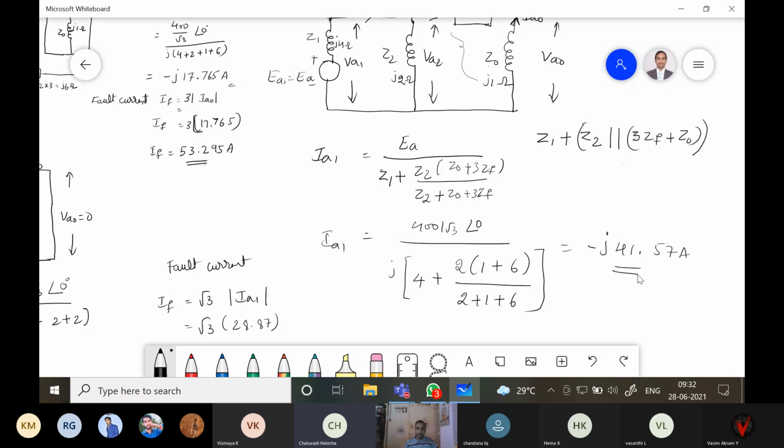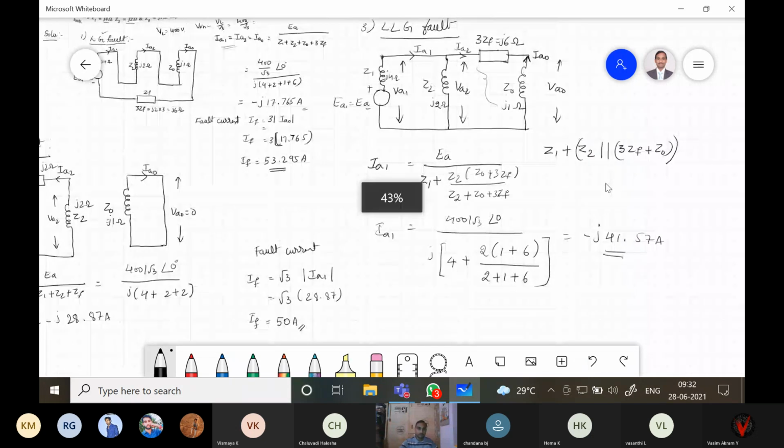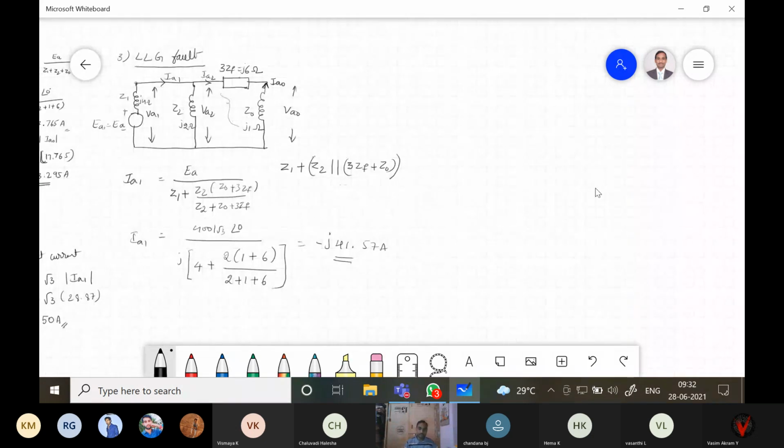Okay. So using the current division rule, we can write IA naught. We need to calculate IA naught now. Because it is in the opposite direction, the main current is IA1, and these are all branch currents. IA1 is the main current, IA2 and IA naught are the branch currents.